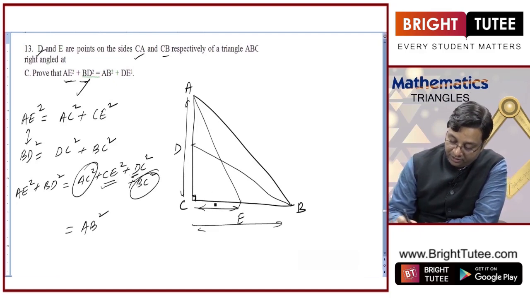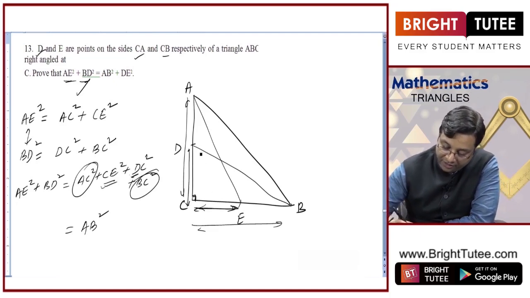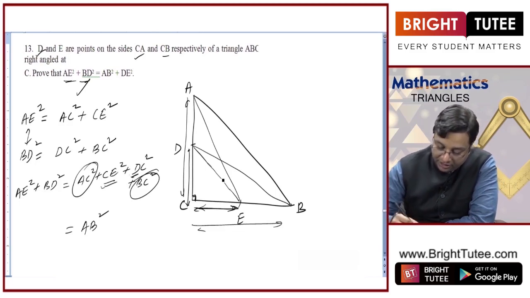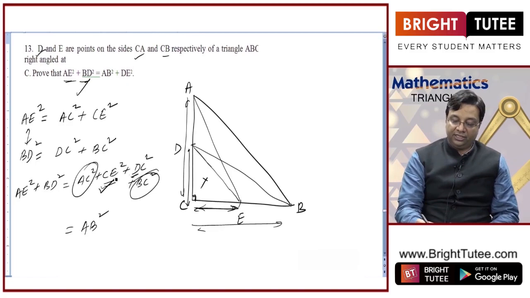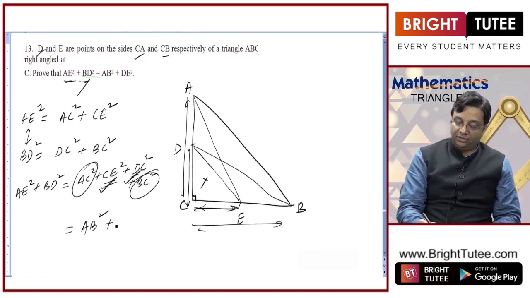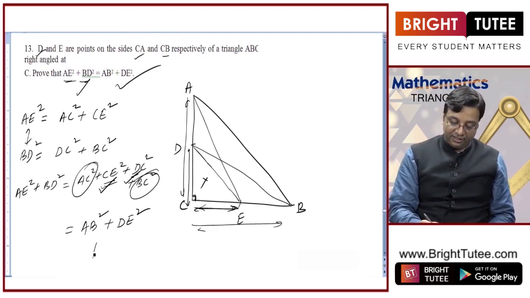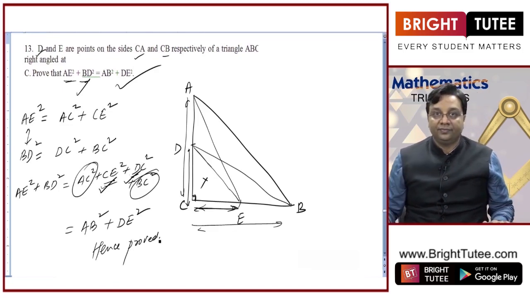So this is CE, this is DC, and if I join D with E, this will be the hypotenuse in this triangle. So CE square plus DC square is equal to DE square in triangle DEC, which is the right hand side, hence proved. Okay.